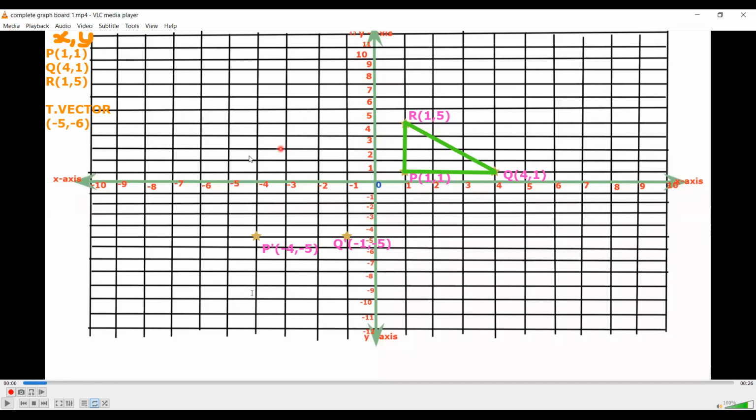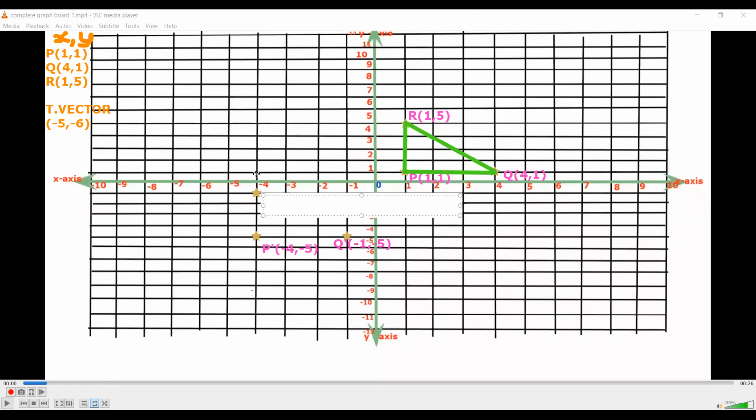Then we have this one. Now you plot it here. Now what is 5 left, 6 down? That will be -4 and -1. Okay, so let me write the coordinate of the image for that.